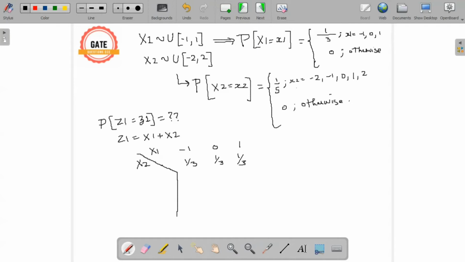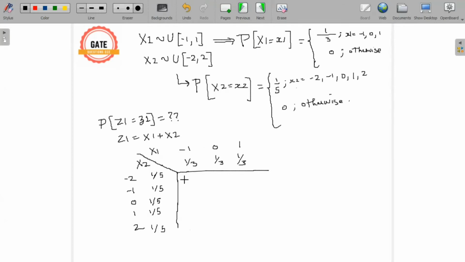So draw a tabular method. Here the values are -2, -1, 0, 1 and 2. Each of these probabilities is 1 by 5.